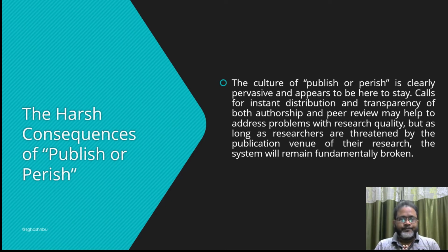So this is the very concept of publish or perish. Now we are coming to the harsh consequences of publish or perish. This particular culture is pervasive, and it appears that it will stay for a long time to come. Instant distribution and transparency of authorship and peer review can help the problems of research quality and research integrity.